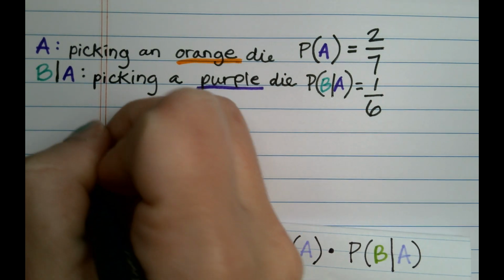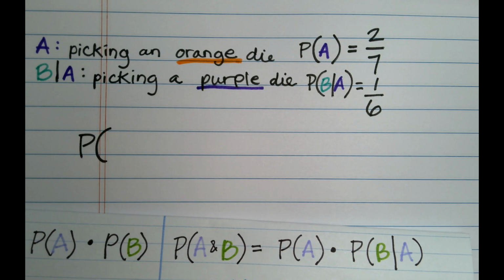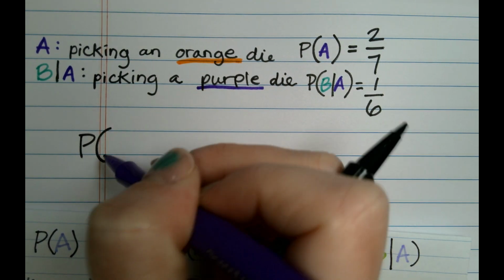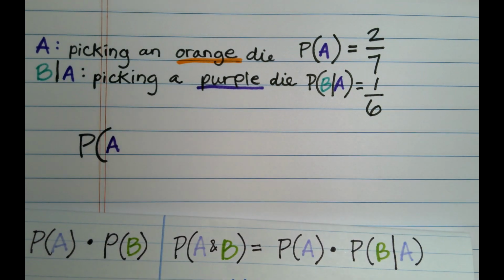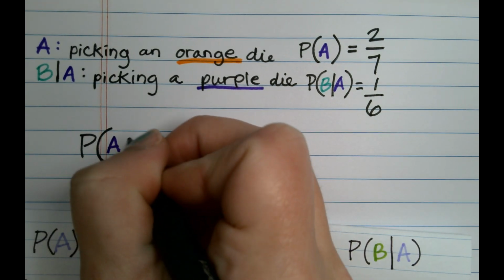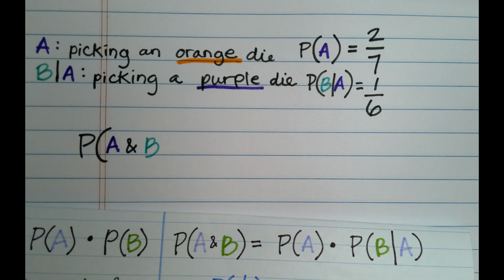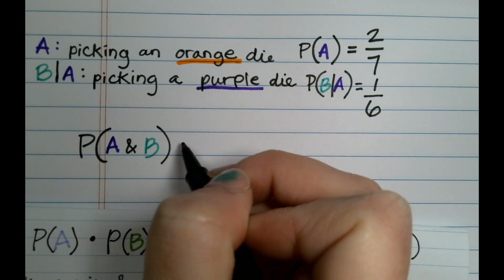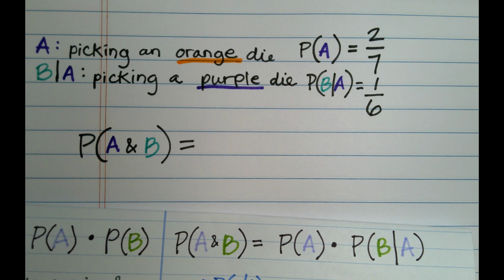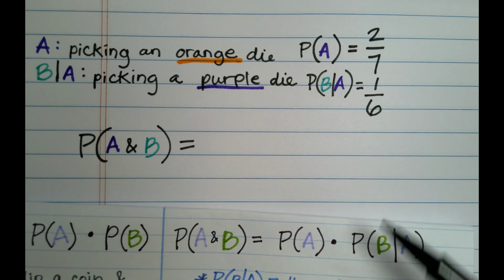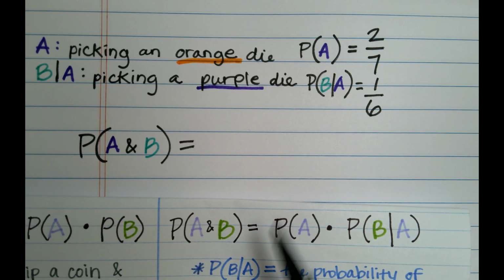So we have the probability of A and B equals the probability of A times the probability of B given A.